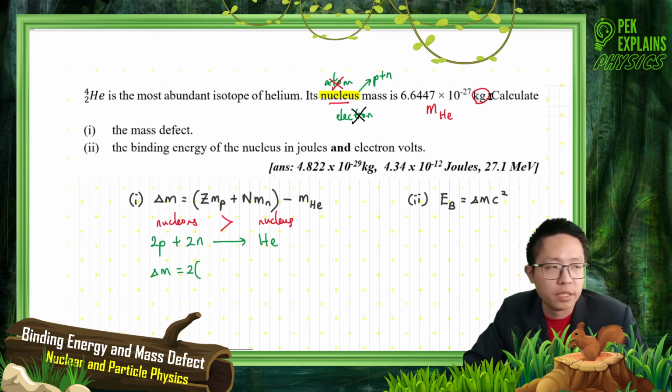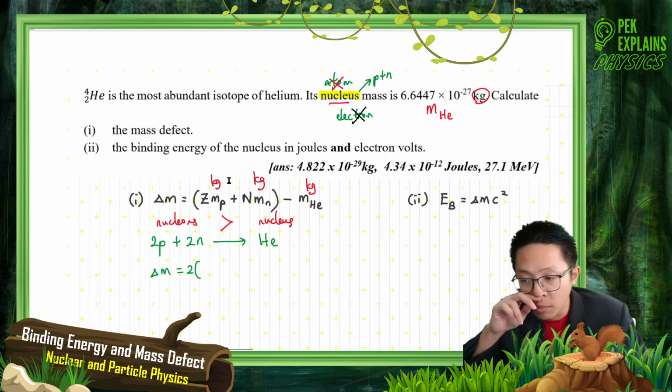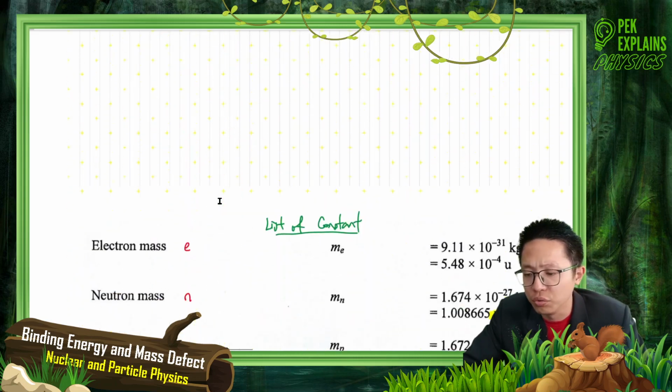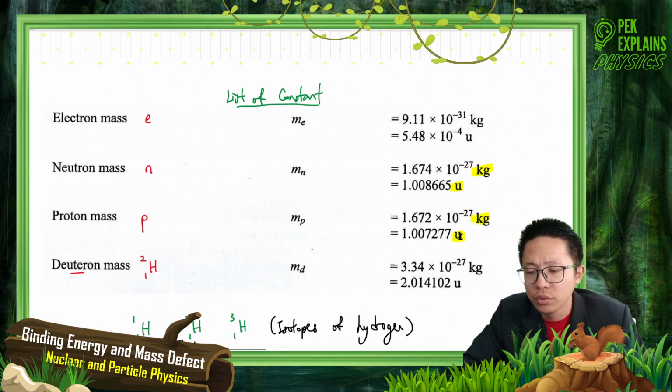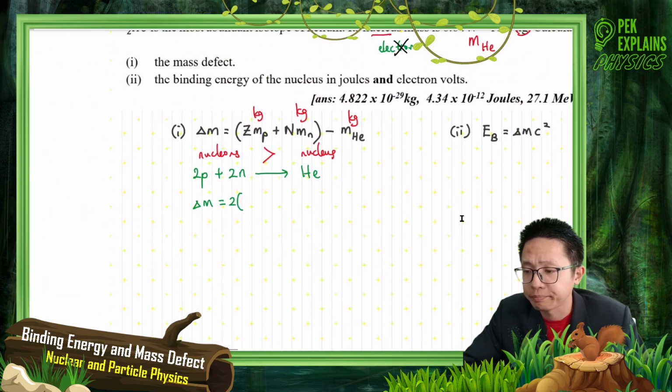Mass of helium is given in kilogram, so the mass of proton and neutron must all be in kilogram. You understand or not? Must have the homogeneous, same unit. So for the mass of proton, don't use the atomic mass unit, don't use the u. Use the kilogram.